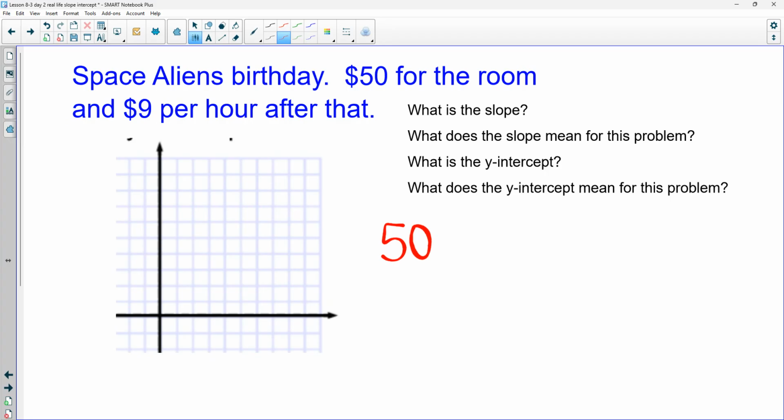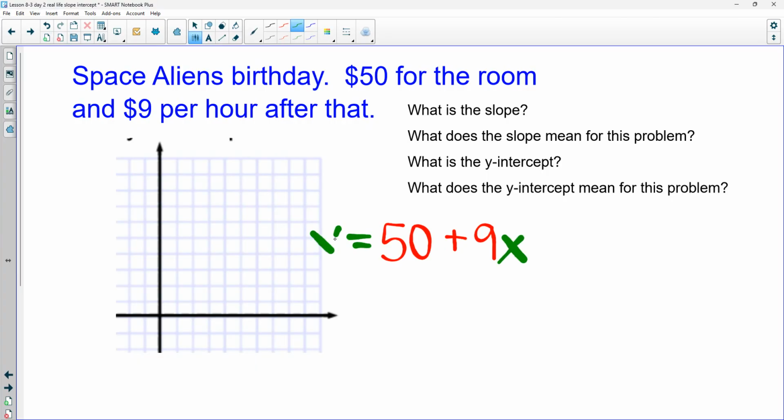$50 just to put your name on the door. Happy birthday, Madeline. Plus $9 per hour. Well, Descartes would prefer an X there. That's fine, we can change it.